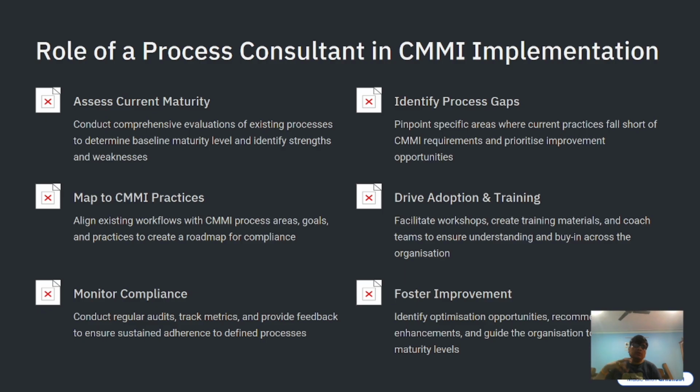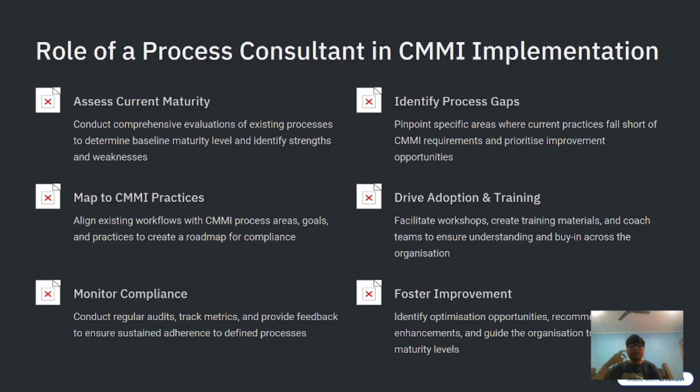The next thing which he can do is map to CMMI practices. Align existing workflows with CMMI process areas, goals and practices to create a roadmap of compliance. Maybe the people are following the processes, but those processes are not exactly what the CMMI level expects.